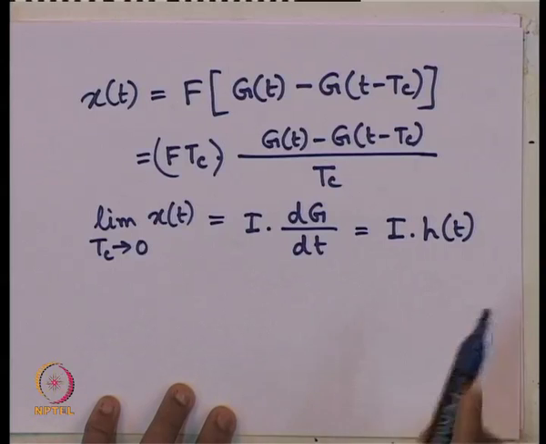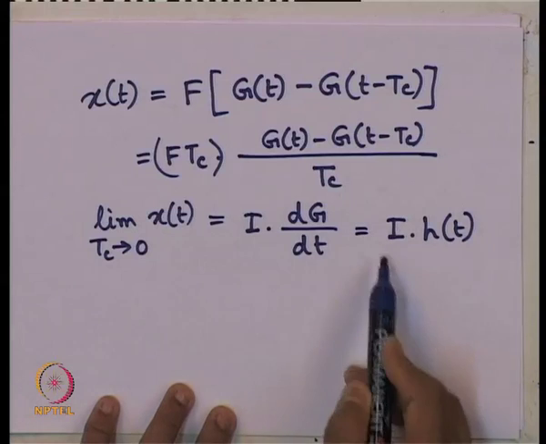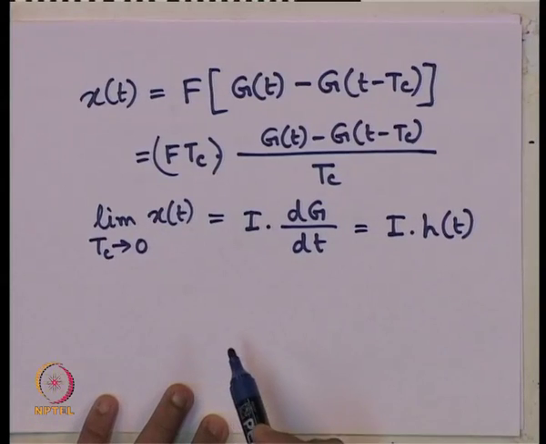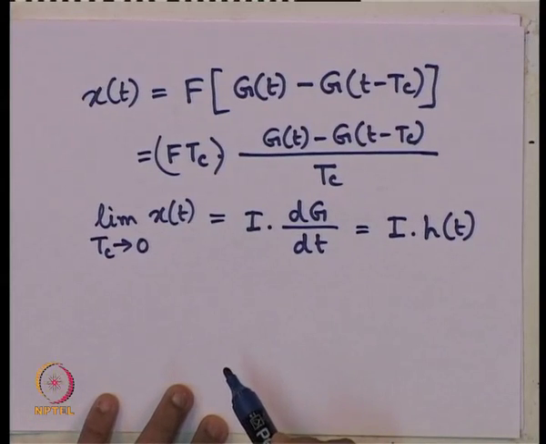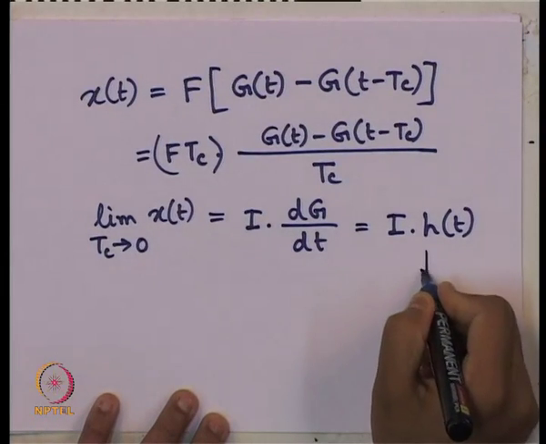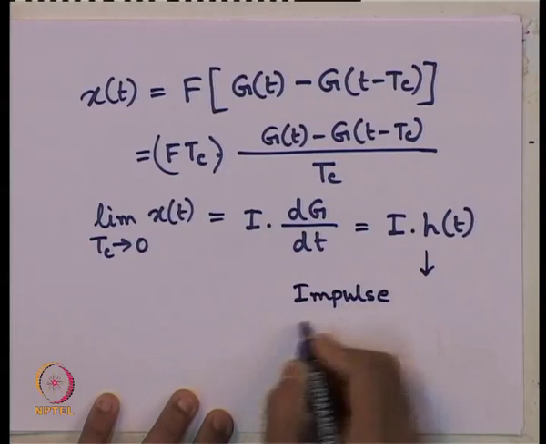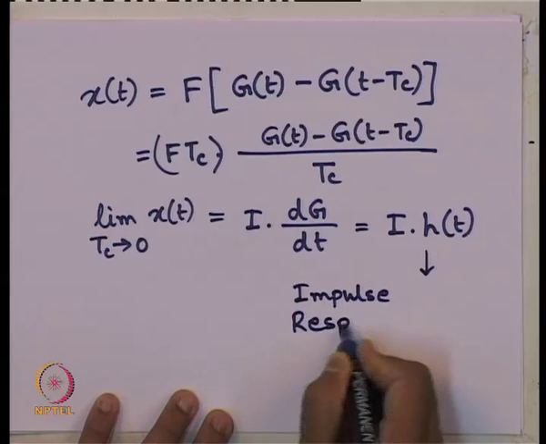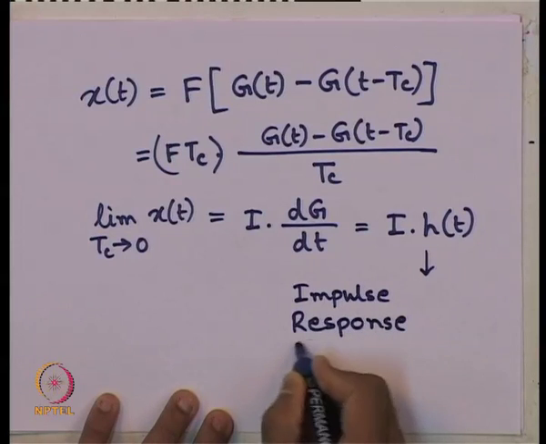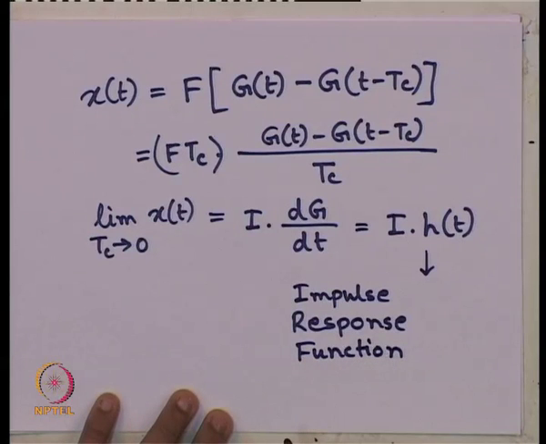For unit impact load, response is h of t. For a magnitude of impact load of I, the response is I times h of t. So, this is called impulse response function. So, for Heaviside step function, we got indicial response.